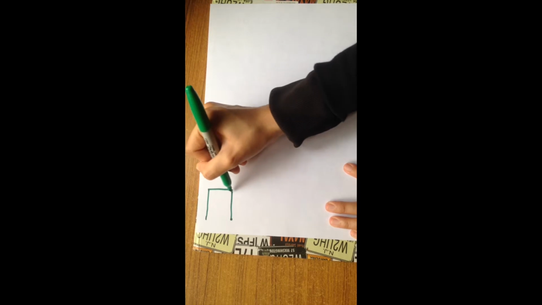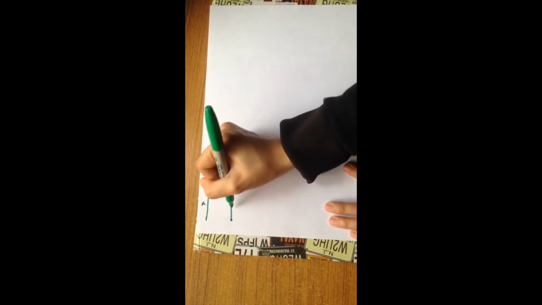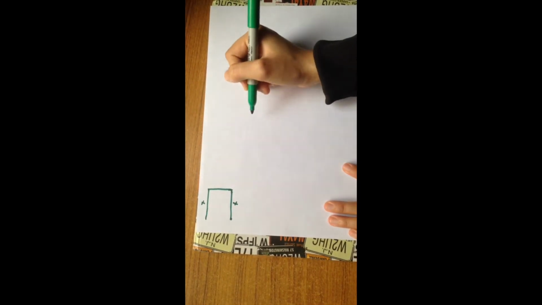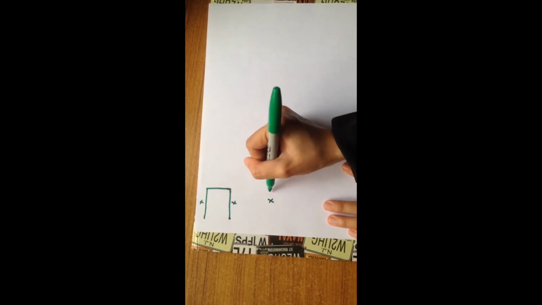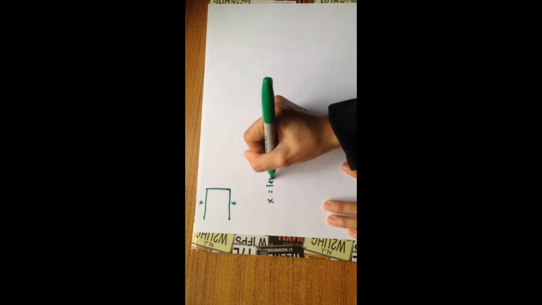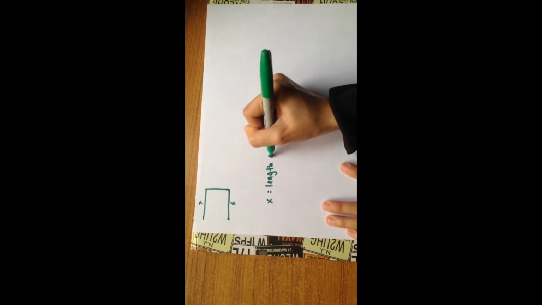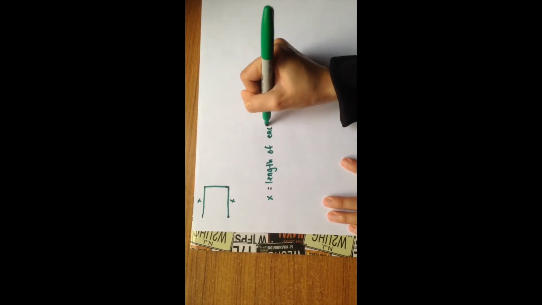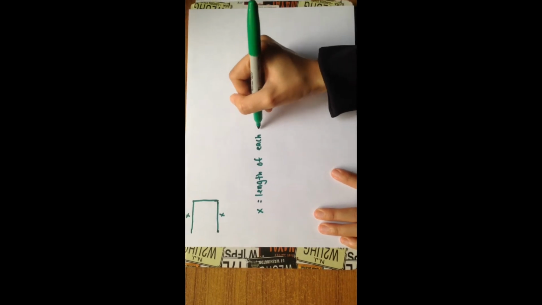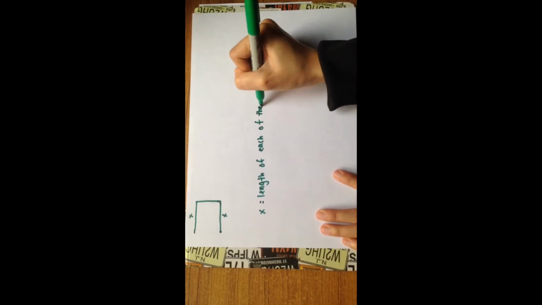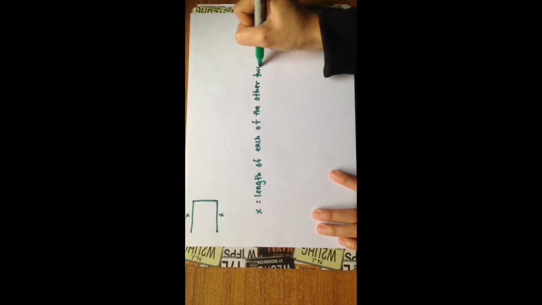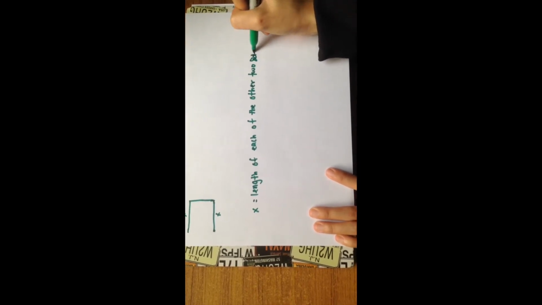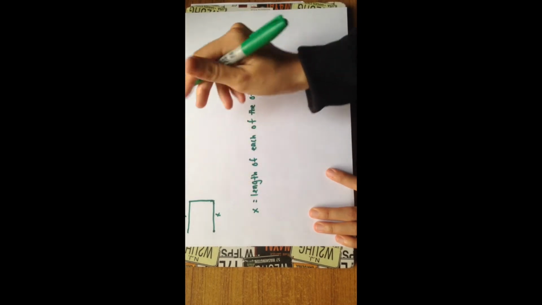They say 3 sides. So this one and this one we let be x, the length of each of the other 2 sides is the same.